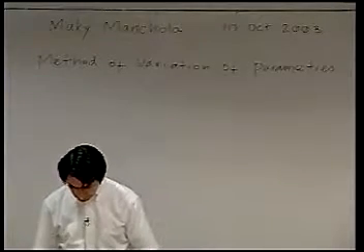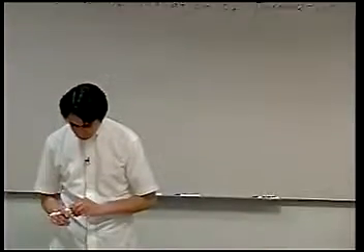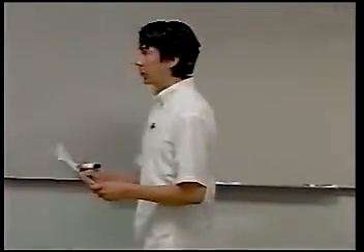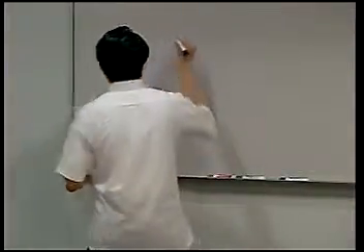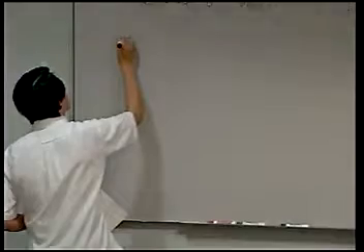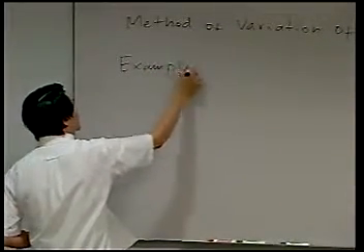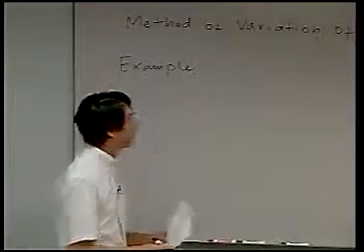time-consuming. So first, let me sort of introduce the basic problem that we want to look at and then view it in a more general context. For example, let me show here the type of equation that we will solve using variation of parameters.